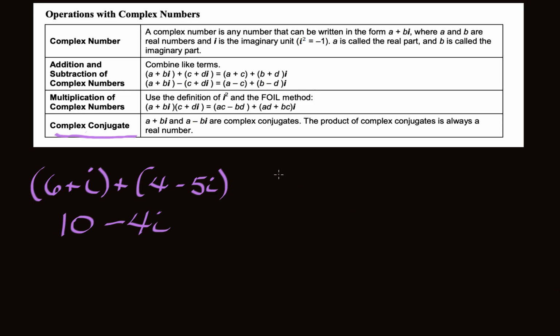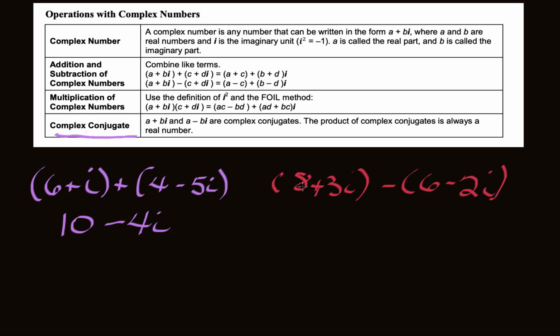The subtraction piece says, I'm going to give you 8 plus 3i, and then I'm going to subtract from it 6 minus 2i. Now, subtraction and a negative, don't forget.